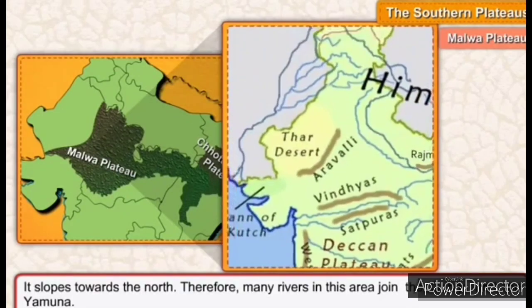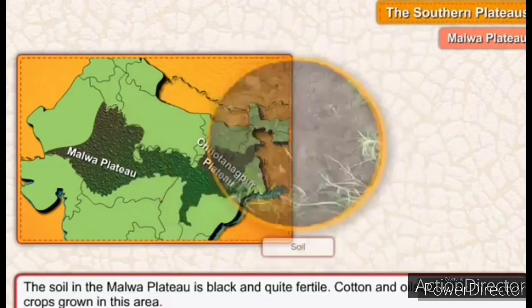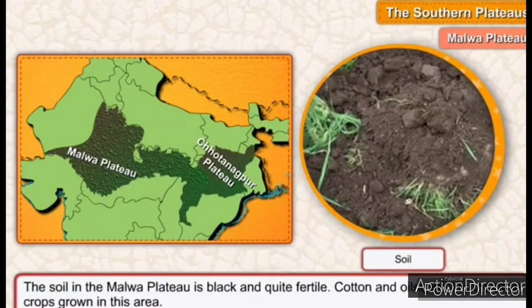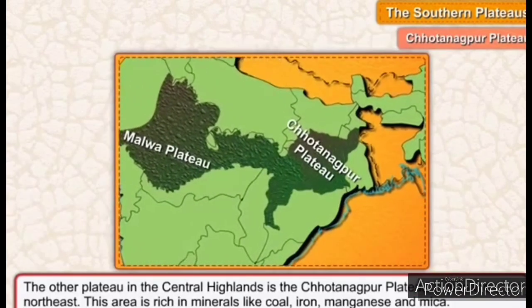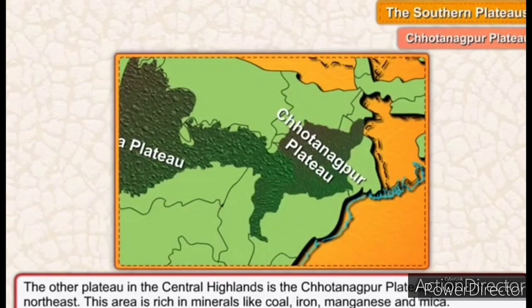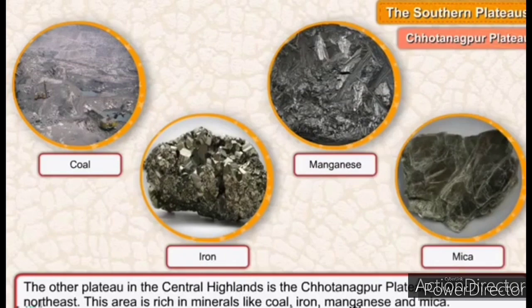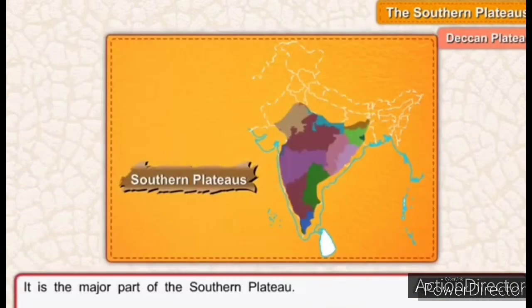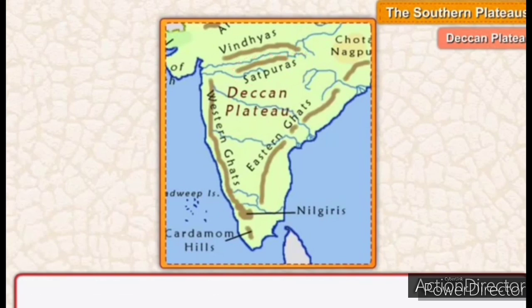It is separated from the great Gangetic Plains by the Vindhya and Satpura mountains. The plateau resembles an inverted triangle and is broader towards the north and gets narrower as it goes down south.